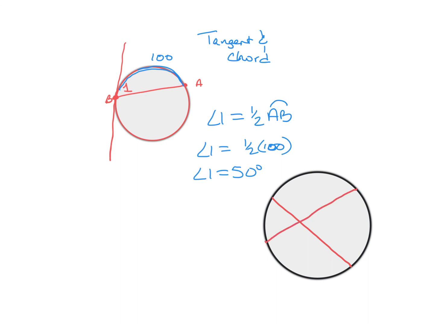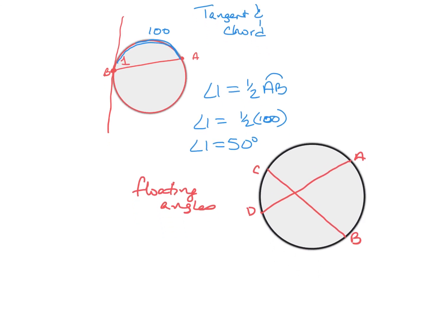For this one, remember, let's add in some letters, A, B, C, D. So for the floating angles, and again, this is my made-up name. Let's say this is angle 1.